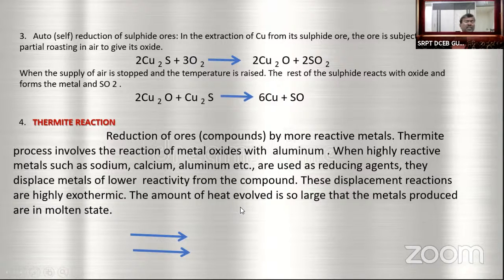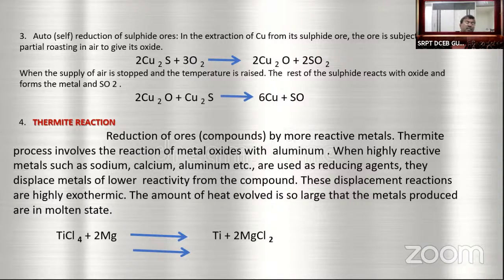Here, these highly reactive metals are used as reducing agents. In earlier cases, we used carbon, that is the coke, and carbon monoxide as reducing agents. Here we have taken aluminum or calcium or sodium or magnesium as reducing agents. Now, let us see the chemical reaction involved in the thermite reaction. Here, titanium is also a moderately reactive metal.